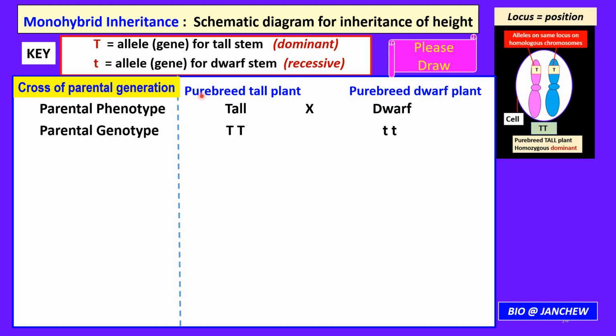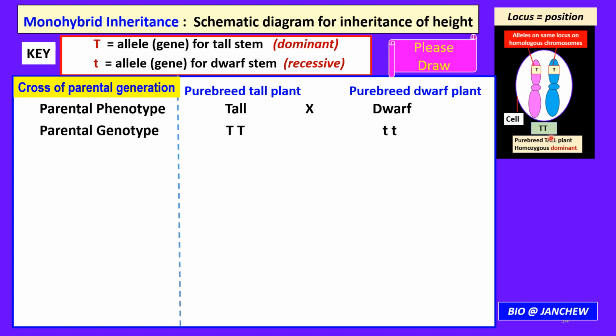So pure breed here also means that there's only one type of allele, that is the big T allele. Another way of calling it is homozygous dominant plant.